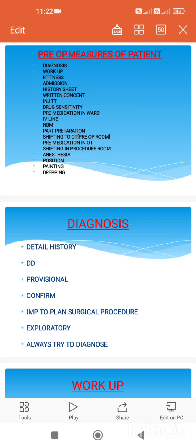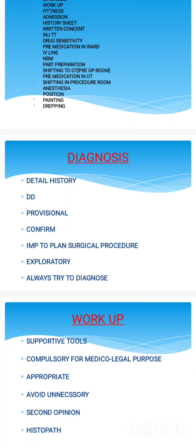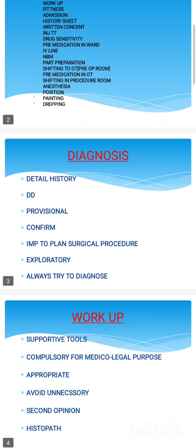Then a provisional diagnosis is made, and lastly the diagnosis is confirmed by detailed history, examination, and second opinion. Diagnosis is always important to plan the surgical procedure. Always try to diagnose the patient before taking him to the surgical procedure.